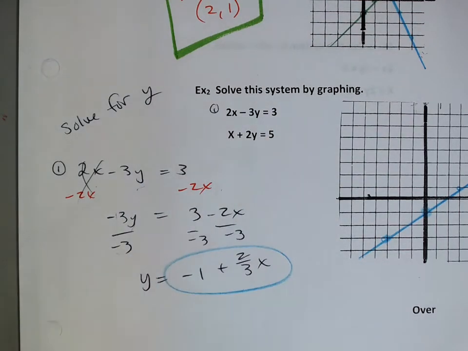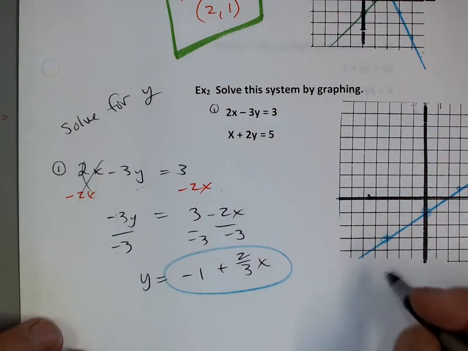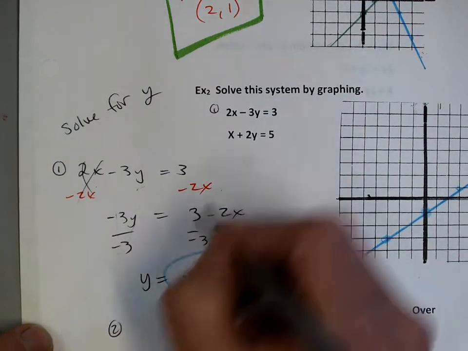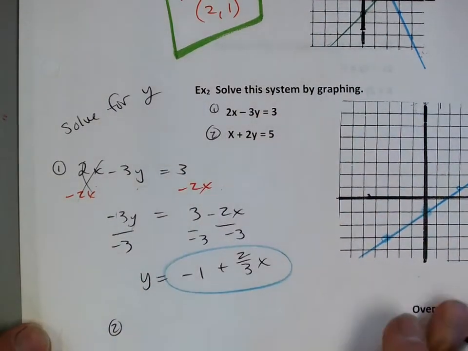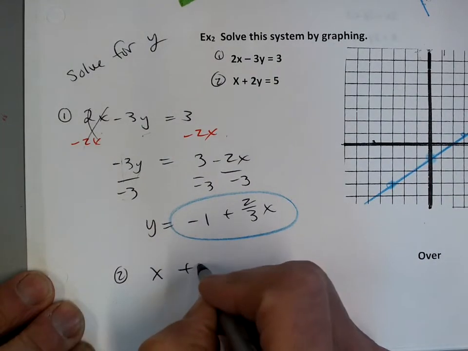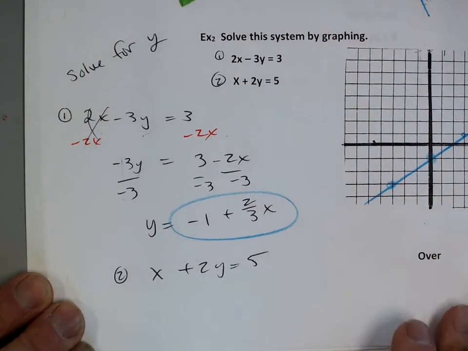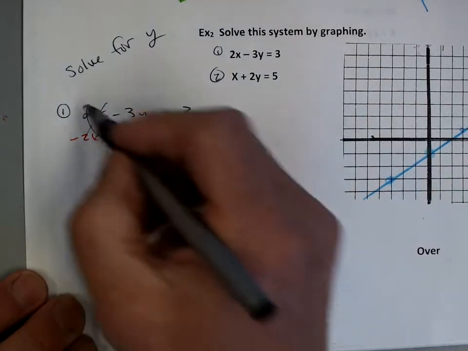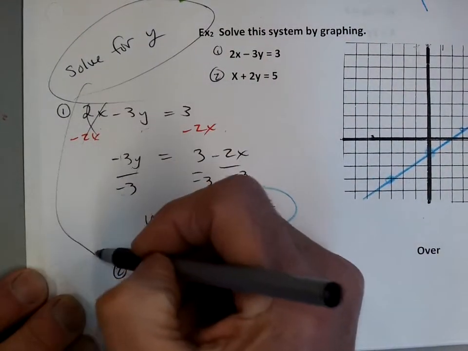Second graph, okay, so let me go ahead and do equation 2. Okay, here's equation 2. I've got to graph this one also. x plus 2y equals 5, right? And again, let's solve for y.